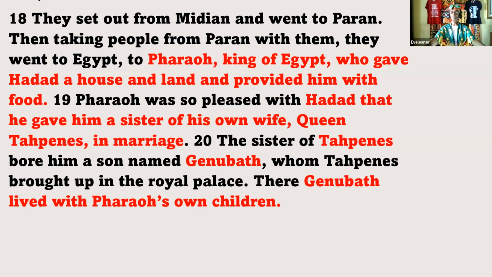Pharaoh was so pleased with Hadad that he gave him a sister of his own wife, Queen Tahpenes, in marriage. The sister of Tahpenes bore him a son named, I love this, Jeroboam, whom Tahpenes brought up in the royal palace.